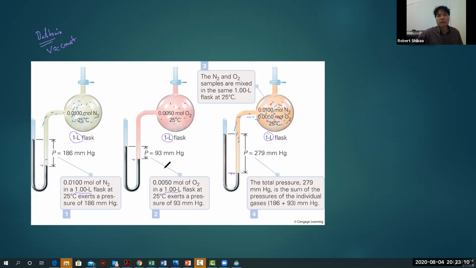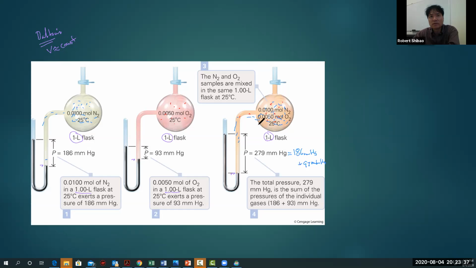And so the total pressure is equal to 186 millimeters of Hg plus 93 millimeters of mercury. 186 plus 93 gives us 279. It's the cumulative collisions because now both gases are in the same container.